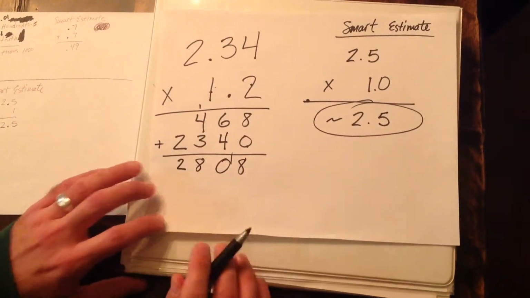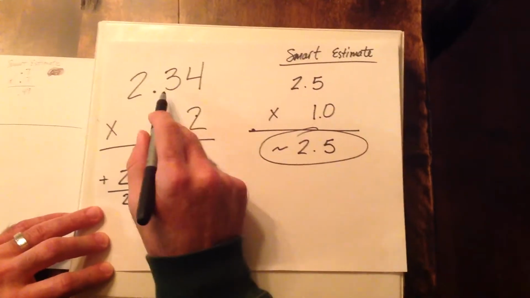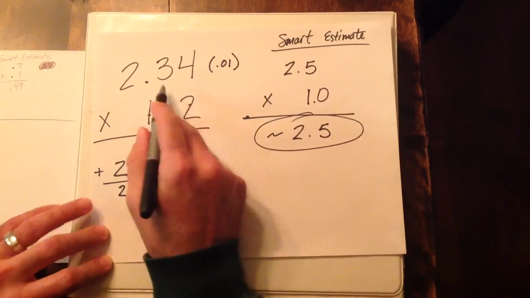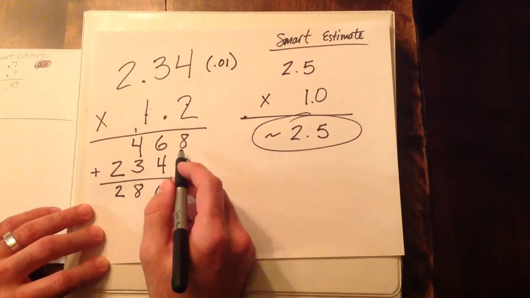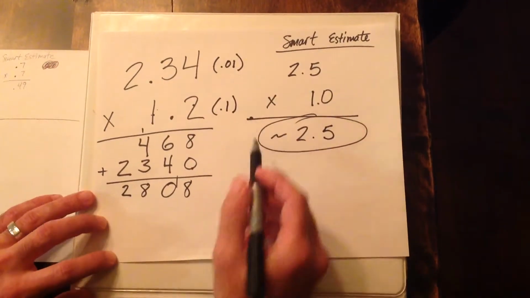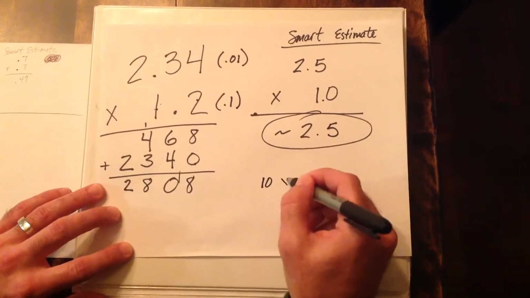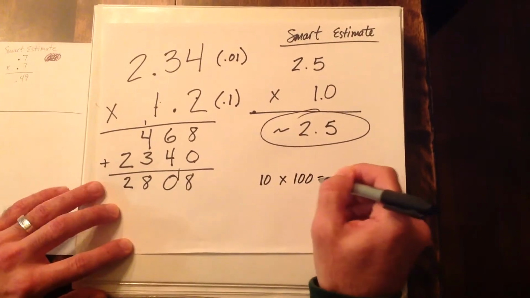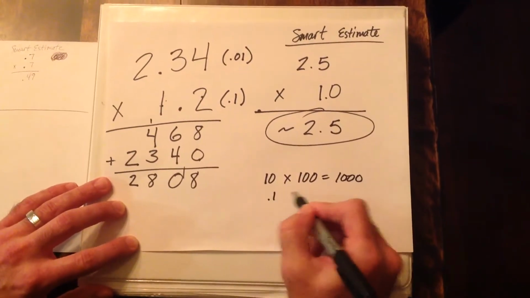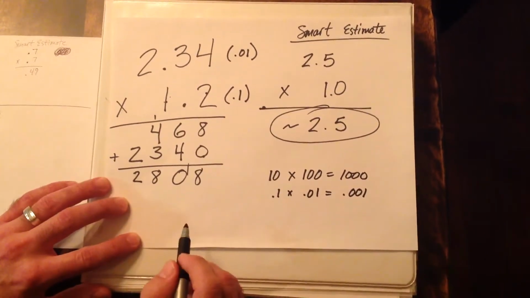Now we get back to how do I know where to put my decimal in my product down here? Well, up here, I have decimals to the hundredths place value. Here in my second multiplying number, I have a tenth. So I know from our prior learning that a tenth times a hundredth is going to equal a thousandth.